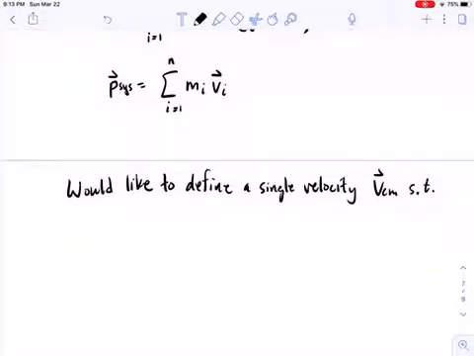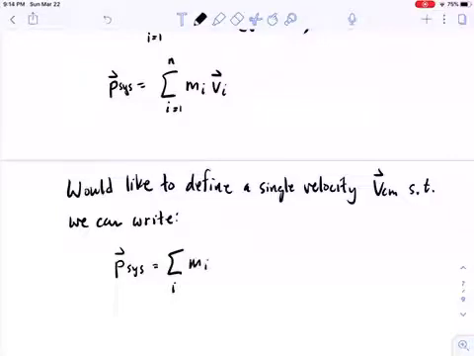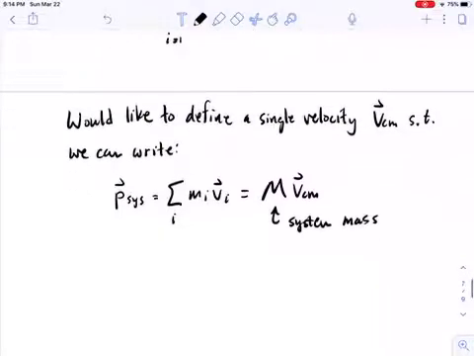So we're going to define this single velocity such that the momentum of the system, which we know has to be the sum of all the individual momenta of our particles, is equal to M, the total system mass, times this single velocity. So this is the system mass, where big M is just equal to the sum of all the masses of our individual particles.